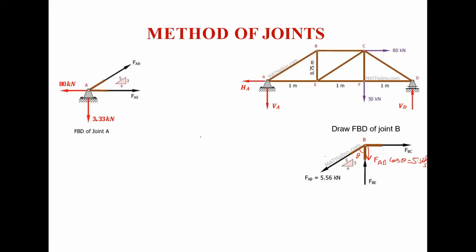So apply vertical force balance, sigma Fy equal to 0, and you will get FBE minus FAB cos theta equal to 0. So FBE will be equal to 5.56 into 3/5, that will be equal to 3.36 kilonewton.